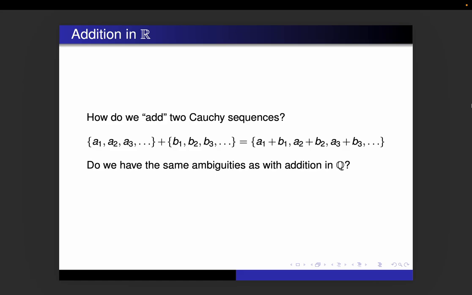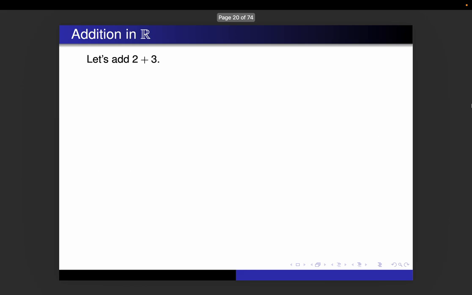So the question you might ask is, do we have the same ambiguities as we did with addition in Q? And of course, the answer to that is yes. Let's see how when we add 2 plus 3. Now, when we add 2 plus 3, the representatives for our equivalence class are, I'm just going to say, the constant sequences 2, 2, 2, 2, 2, etc., and 3, 3, 3, 3, 3, etc. Those represent 2 and 3 respectively.